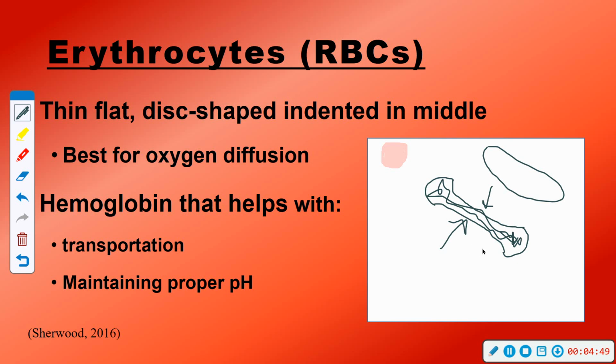But they can also pair with other gases and other materials, and they help either move things from place to place through the body, or they help counteract the wrong pH levels and maintain that proper healthy pH level in your blood. So hemoglobin is very important, but it is very beneficial just because of the shape of these cells.